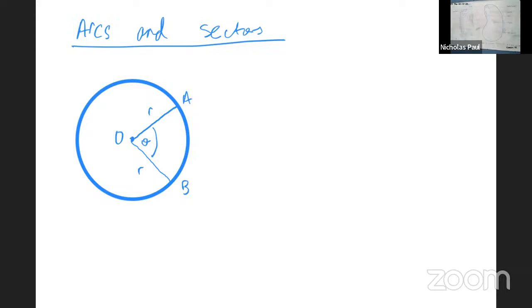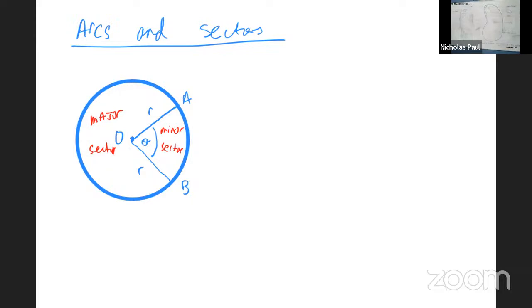Right, Christian? So you're seeing how the two radii split this circle into two different sectors. There is a major sector here, and there's a minor sector. That minor sector is part of the entire circle. That major sector as well, the remainder.